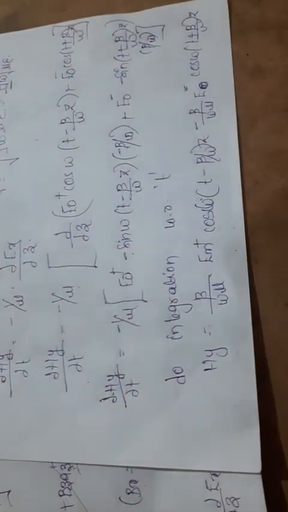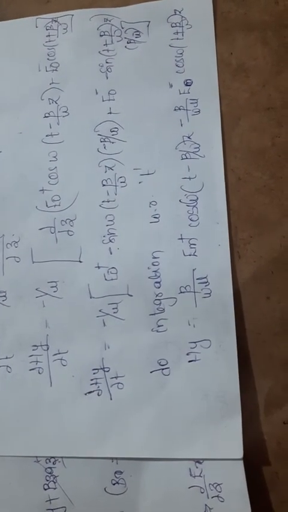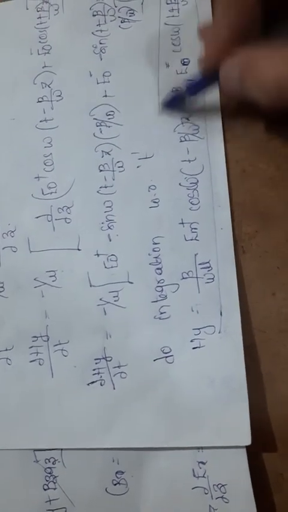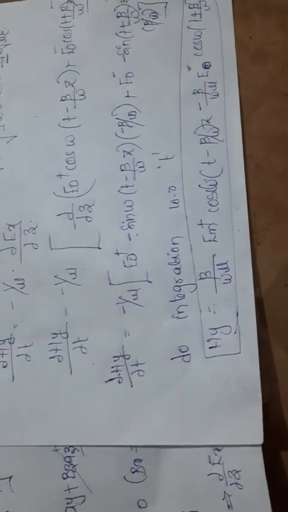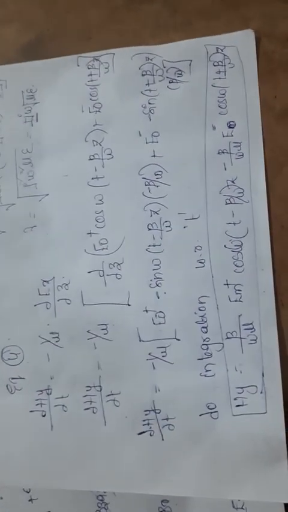This is Hy. So this equation is nothing but Hy. So these Ex and Hy are the field components of a uniform plane wave. Thank you.